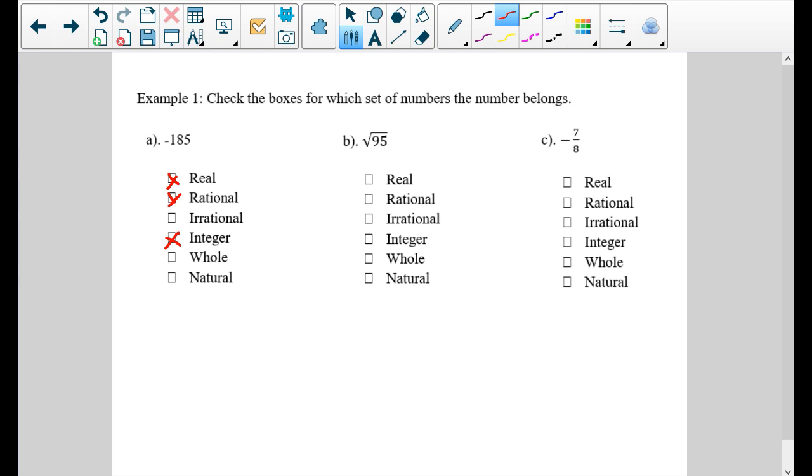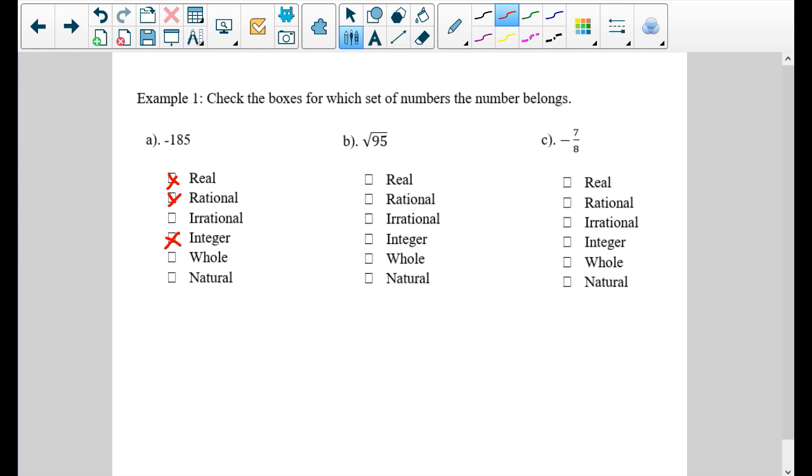Square root of 95. So how do I know what square root of 95 is? Calculator. So if I plug it in, what do we get? Does the decimal stop or repeat?